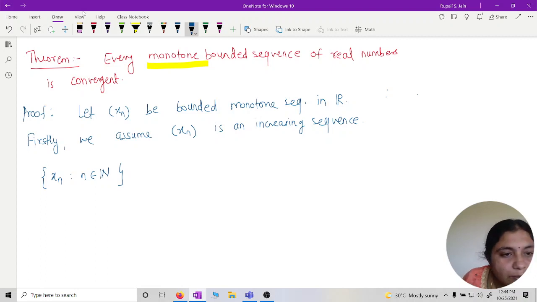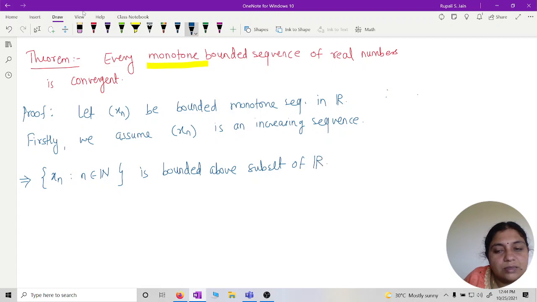This implies xn is a bounded above subset of R. Can I say like this?